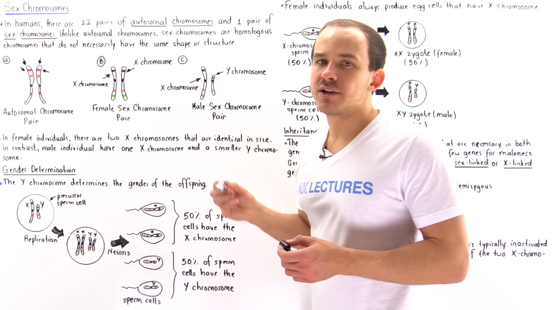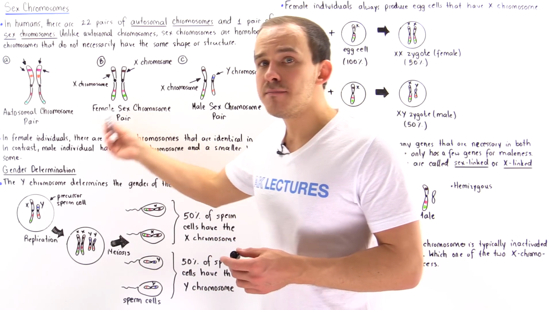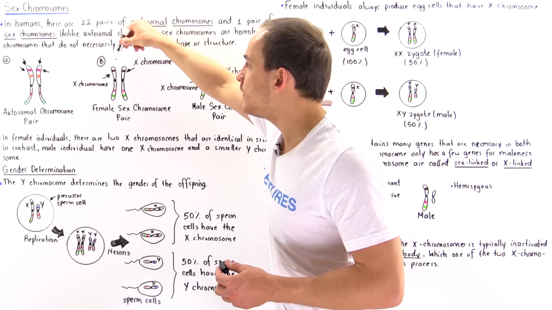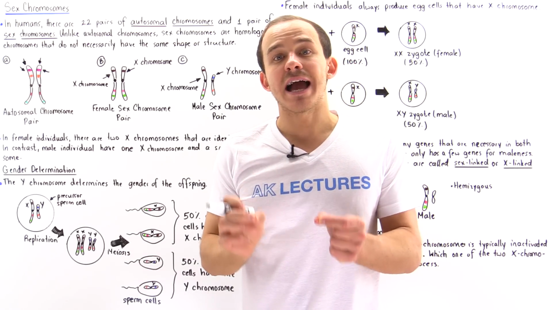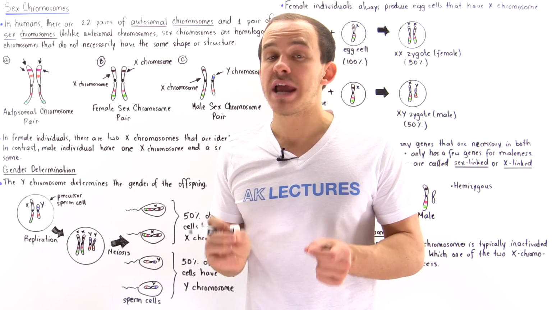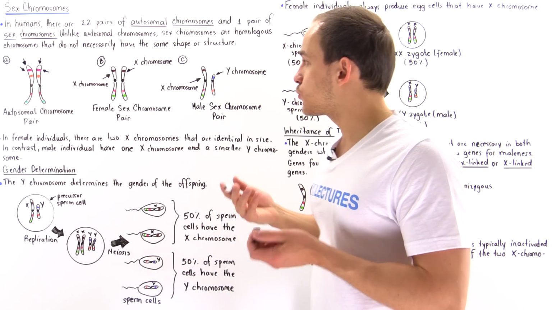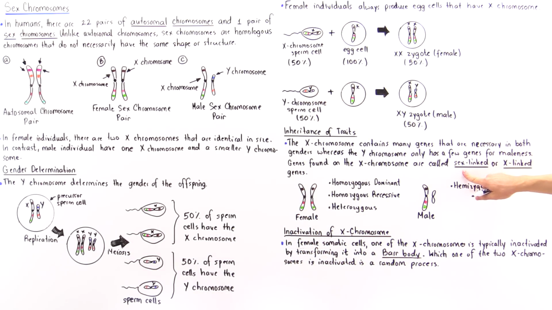Now let's move on to diagram B and diagram C. In these two diagrams, we discuss the sex chromosome pair. In females, as I mentioned earlier, we have two homologous sex chromosomes that are the same exact size and the same exact shape, and they carry genes that code for similar traits. These traits, as we'll see in just a moment, are known as sex-linked traits or X-linked traits.